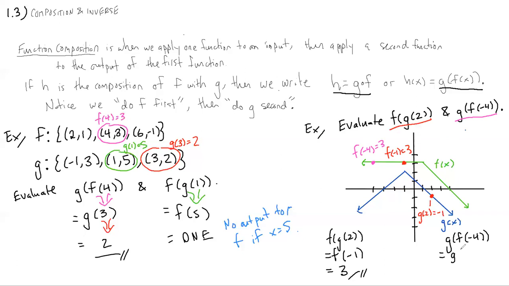So this will be g of 3. And I just find what g of 3 is. It looks like it'll be right there. So g of 3 is -2. And so that's my composed output.